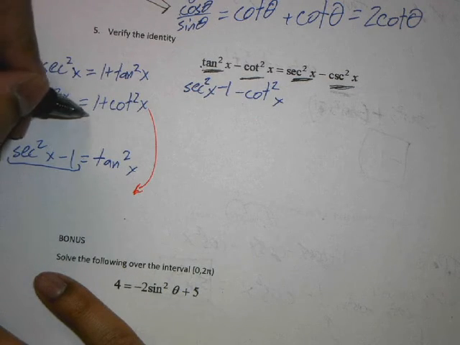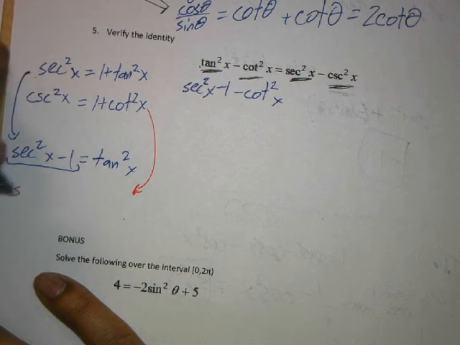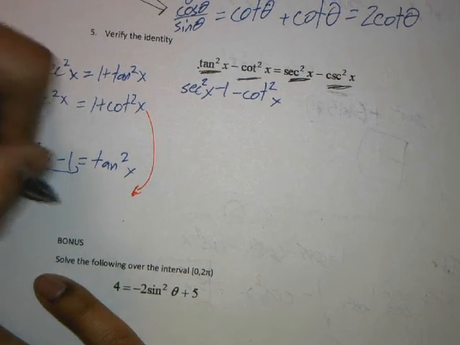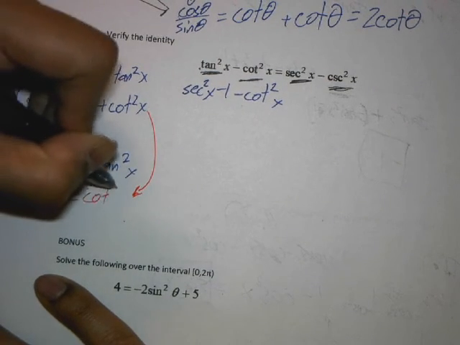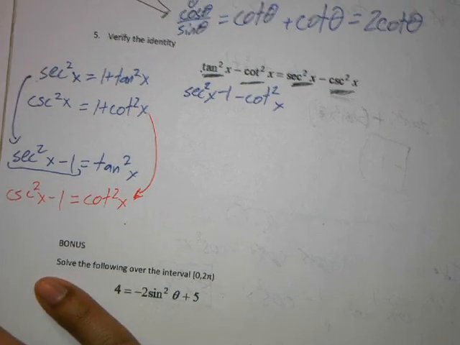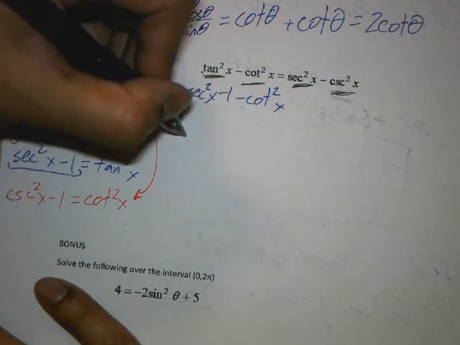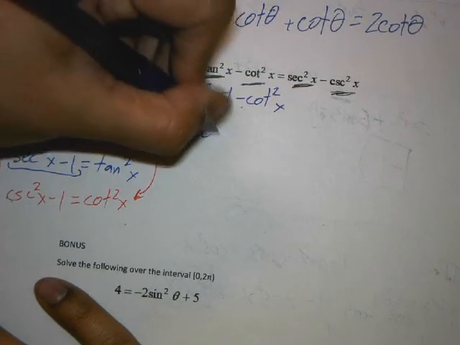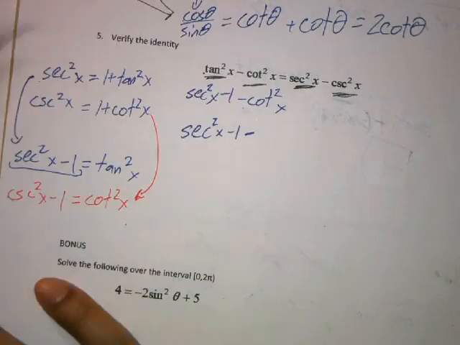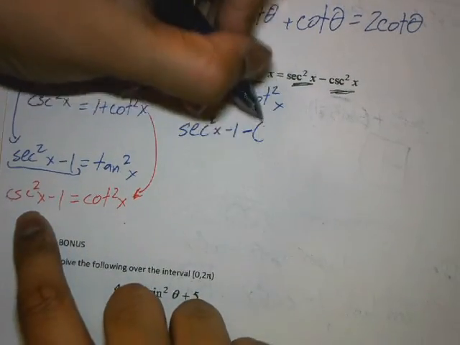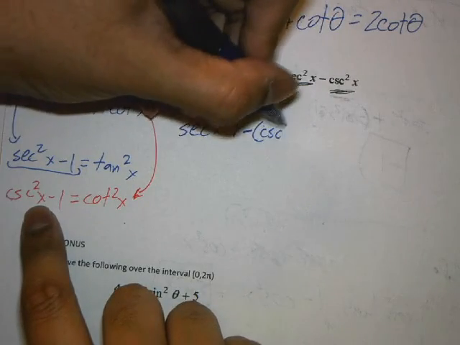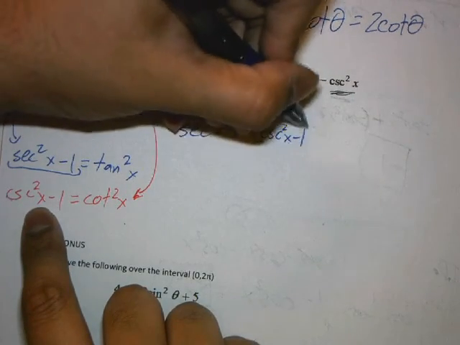If I subtract that 1 over this time, I get cosecant squared minus 1 equals cotangent squared. If you plug this one in here, secant squared x minus 1 minus cosecant squared x minus 1.